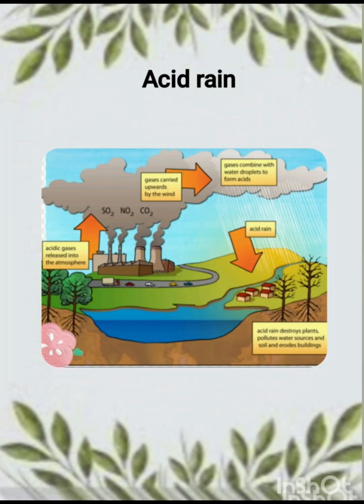Okay, and most important is acid rain. Acid rain can damage buildings and statues made of limestone, marble, and plaster. Such materials are made of calcium carbonate, a basic substance that is neutralized by acid rain.